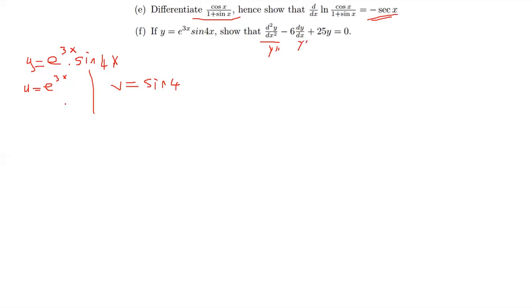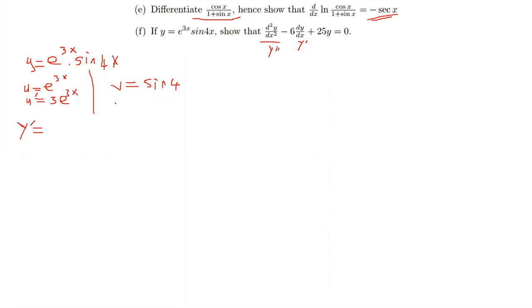So here we can now find our y prime. First let us find our u prime. u prime is equal to 3e to the power 3x: you differentiate the power, which is 3, and then you repeat the same e to the power 3x.